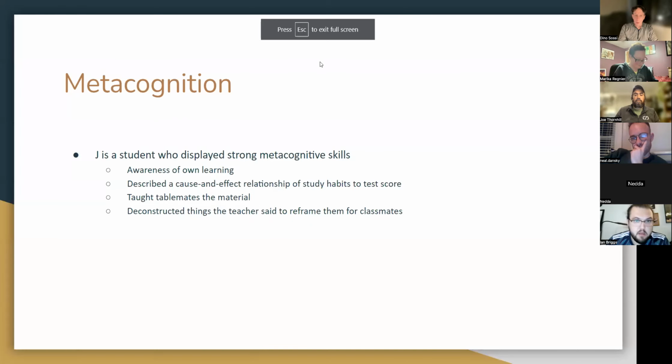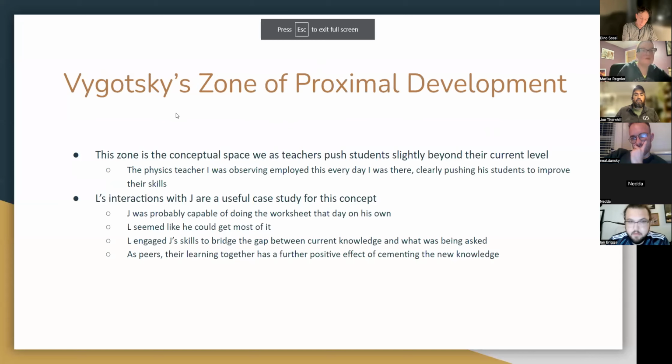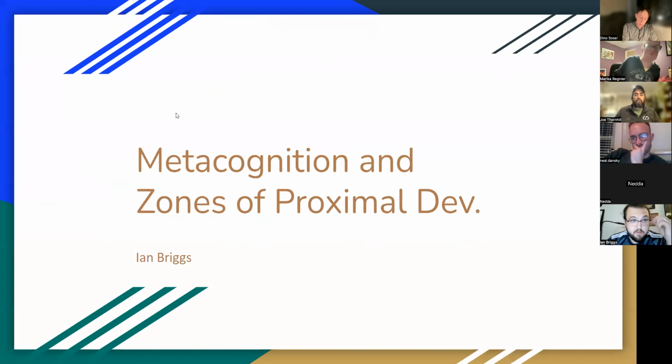All right, from the top. My paper was about an observation that I made of two students who showed these two things in a way that let me identify conceptual things that were familiar from class.